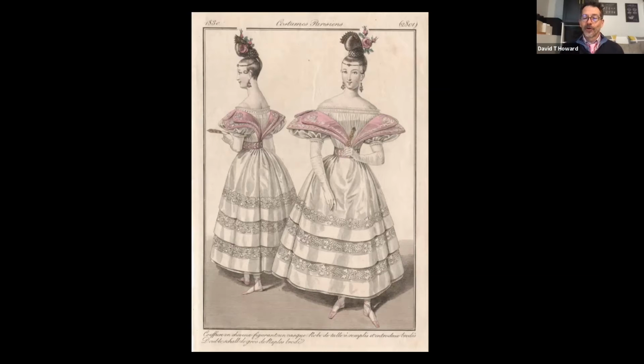Notice the hairstyle too. Ridiculous, right? But these are modeled on, inappropriately in some ways, kind of Asian hairstyles, specifically styles that were seen in Chinese paintings.